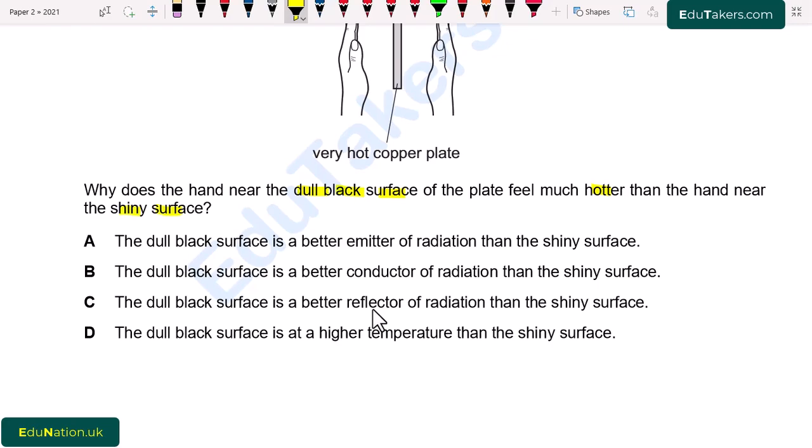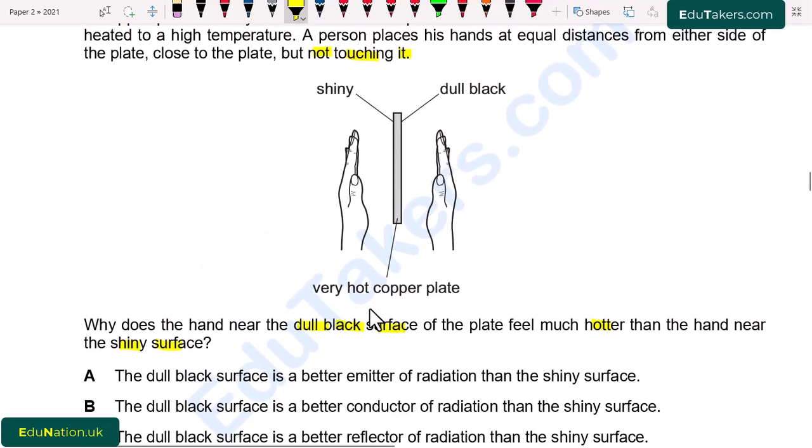So the hand that is closer to the dull black surface is hotter as compared to the hand that is close to the shiny surface. First of all, the dull black surface is a good emitter as well as a good absorber.